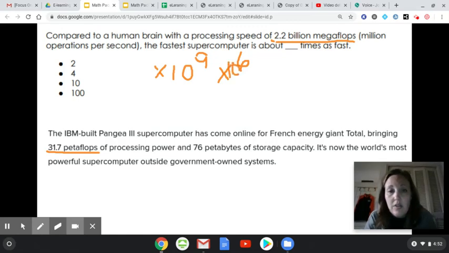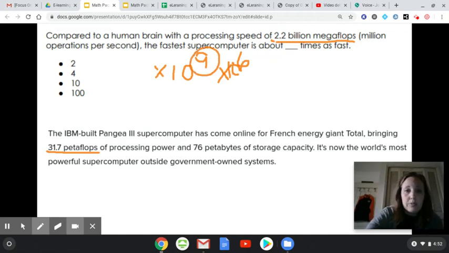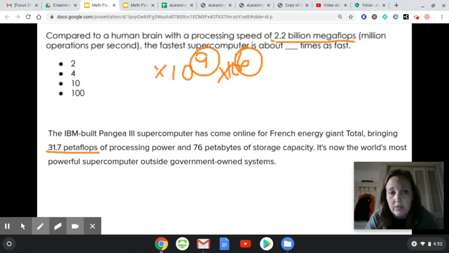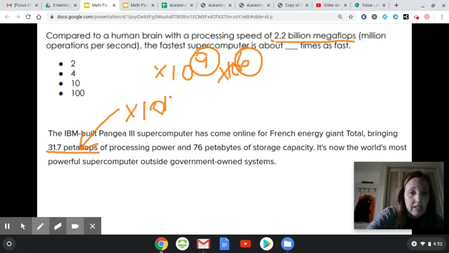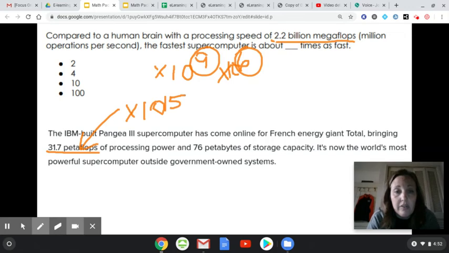I know this is all very confusing, but it's like putting 2.2 with 15 zeros, because 9 plus 6 is 15 zeros. And petaflops, that prefix peta means we put 15 zeros. It's times 10 to the 15th. So this is going to end up being the same amount of zeros.